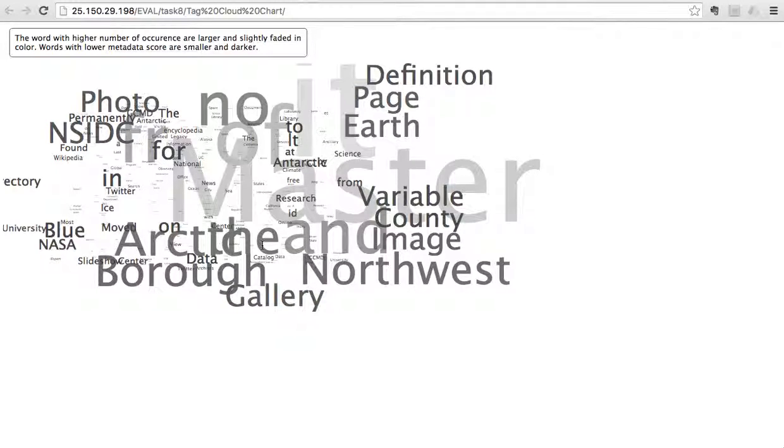We can take some words for example: northwest, and another is master or Antarctic. All of those words are correlated to the concept of polar. So this is the max occurring of our words, which is our word cloud chart.